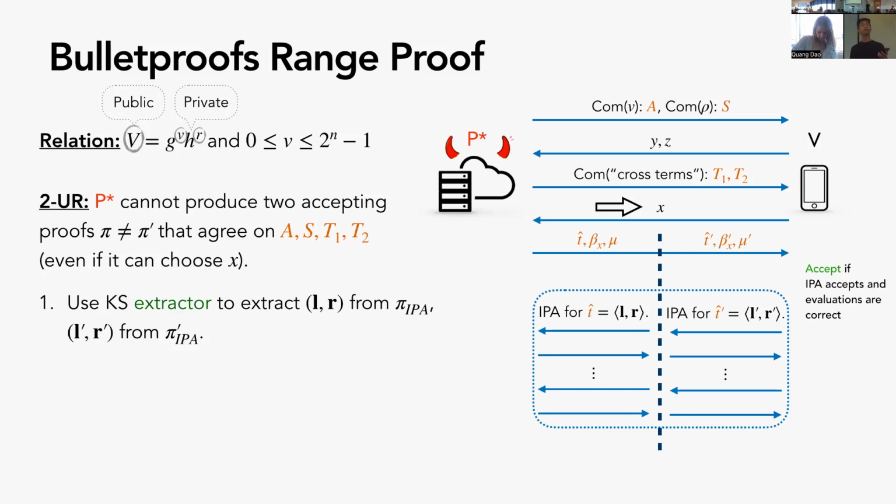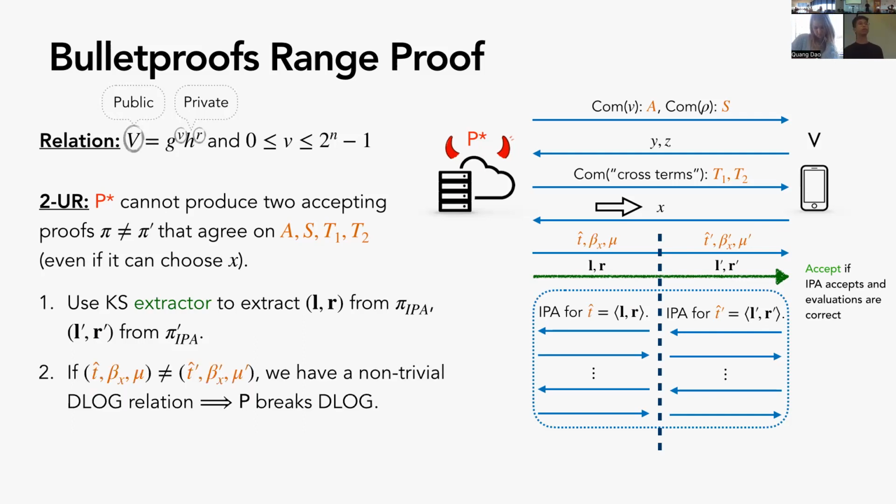Then the first idea is, here's this inner product argument. Why don't we just extract out the underlying witness? Just to make our job easier. So now we can assume that the prover sends in the third round also these witnesses because we have extracted them.